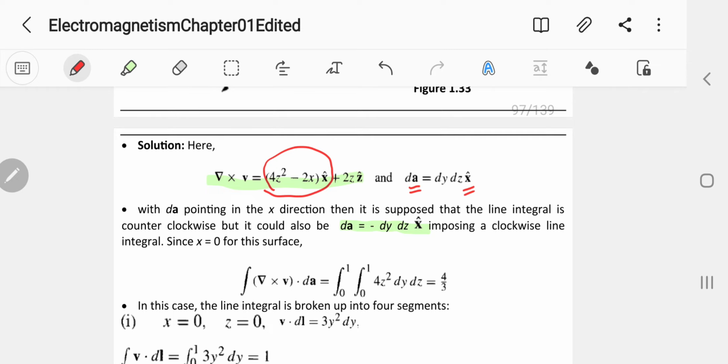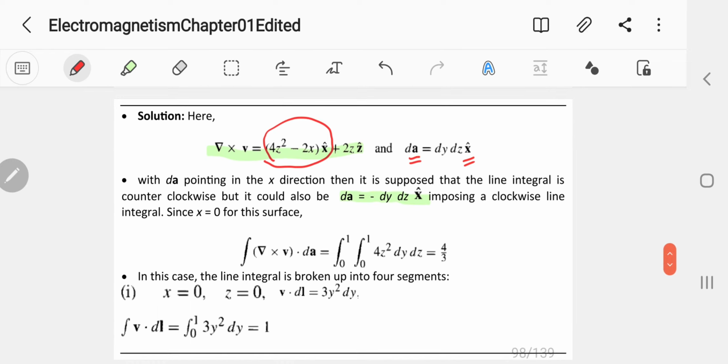And of course here x is equal to 0, so this term will go to 0 and you're left with 4z squared. dy is independent of z, so you can integrate that. dy from 0 to 1 is just equal to 1, and then you have 4z squared.